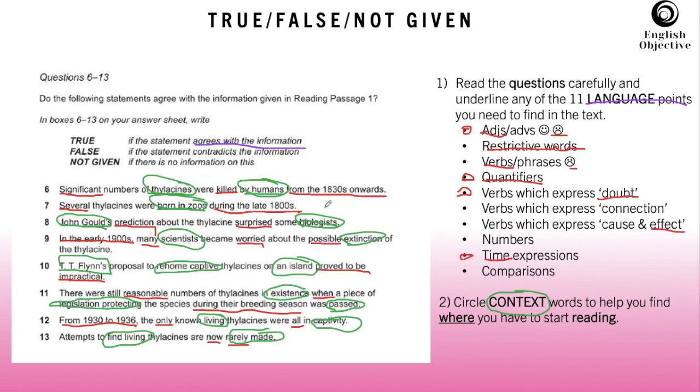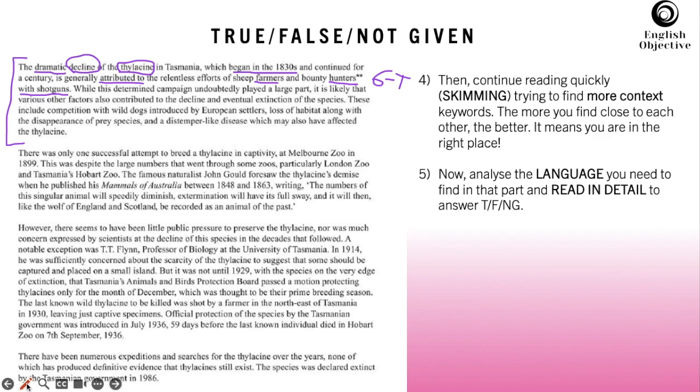And zoos because it's my context keyword. Now, because I found number 6 there, I'm going to continue reading a little bit more and see if I can find the answers in order. Now, it's not always the case, but I'm predicting, or my intuition tells me, in the next paragraph I could find number 7. If that's not the case, I'm not going to worry, and I'm going to continue with question 8, 9 and 10 and the following ones.